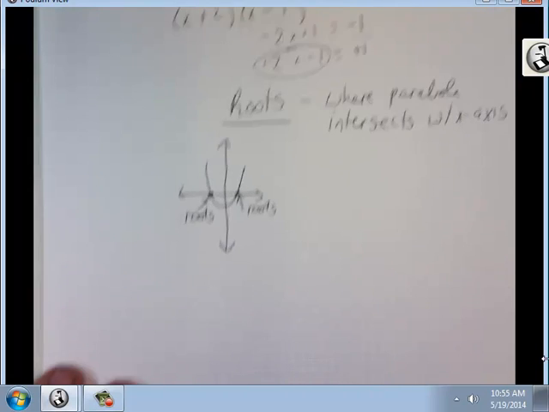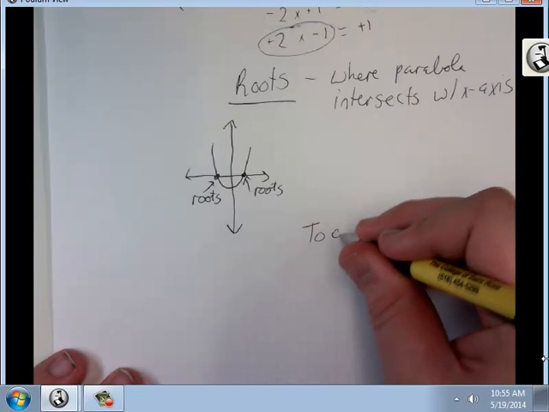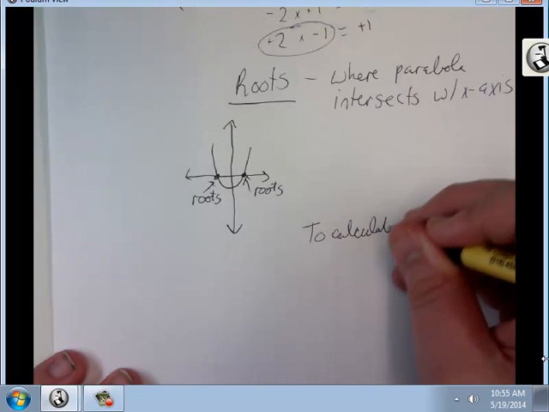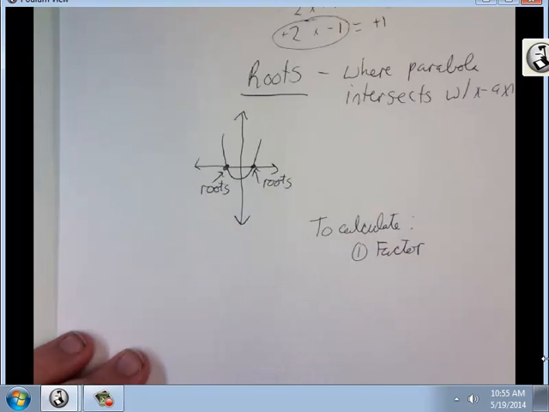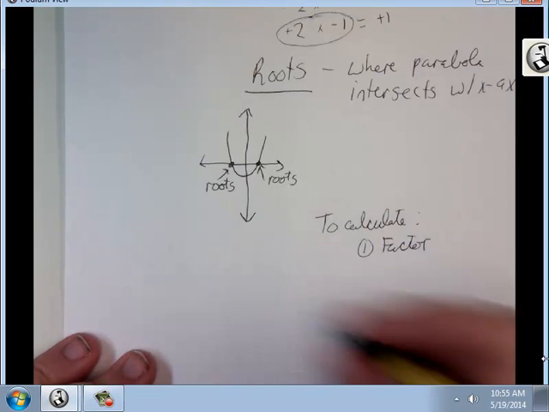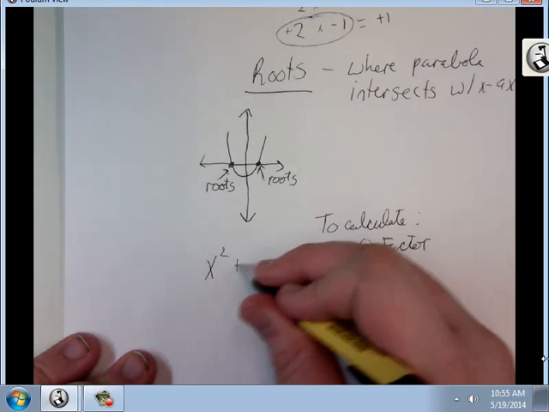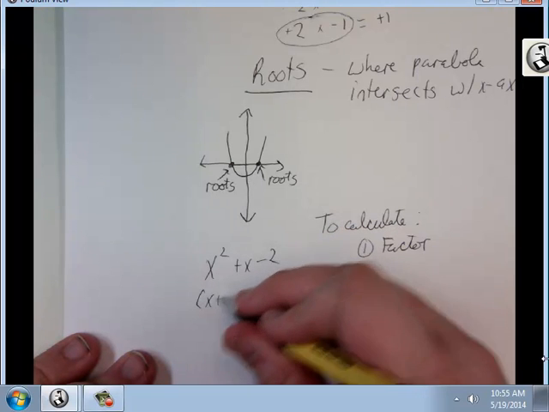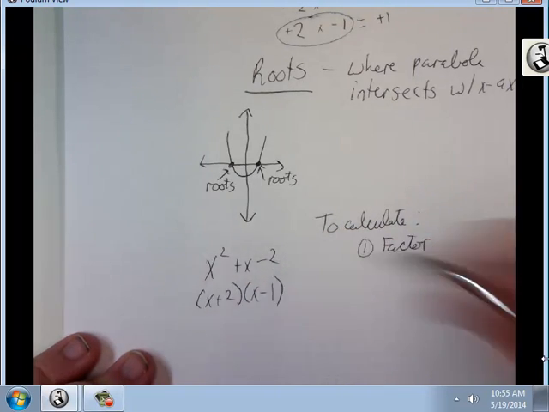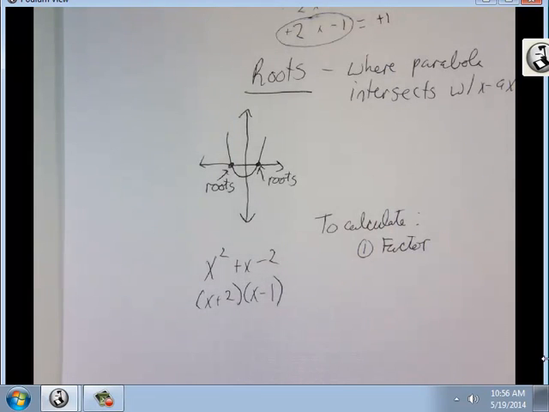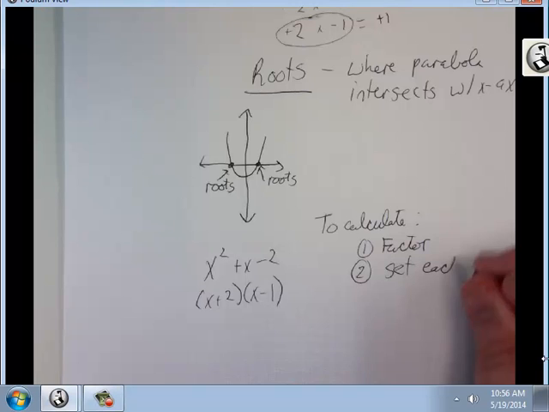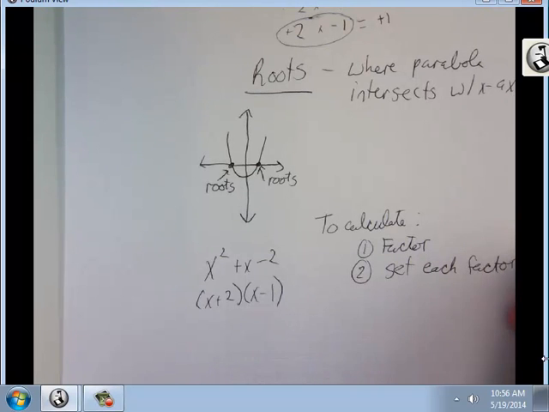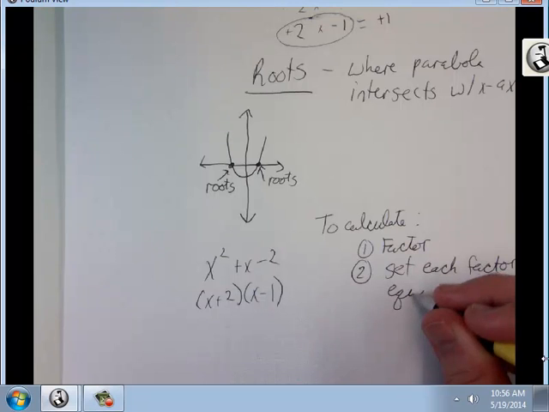To calculate, first, factor. So we're going to stick with the one that we just did up here. So we got x squared plus x minus 2, we got x plus 2 and x minus 1. Second, set each factor equal to 0.